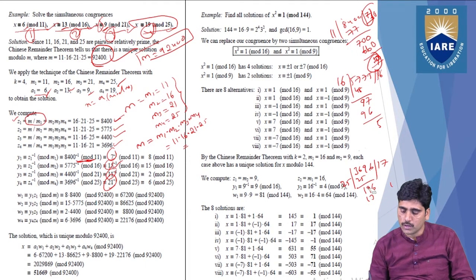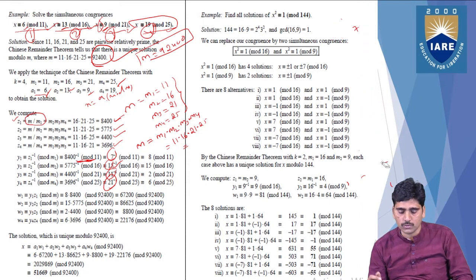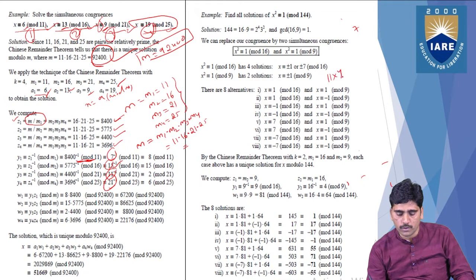After finding these values, what do you need to do? You need to find these modulus values. So 7 times y1 is congruent to 1 mod 11.